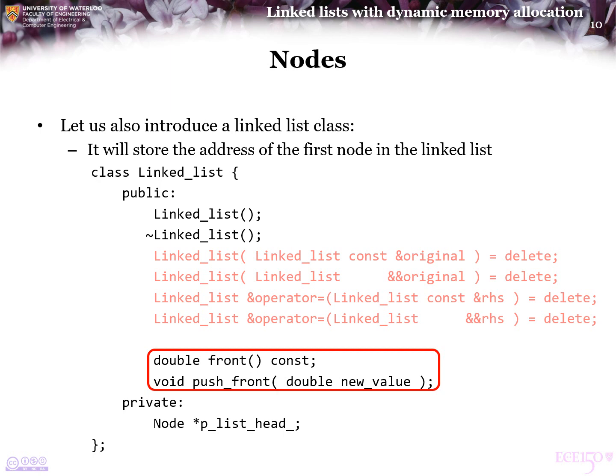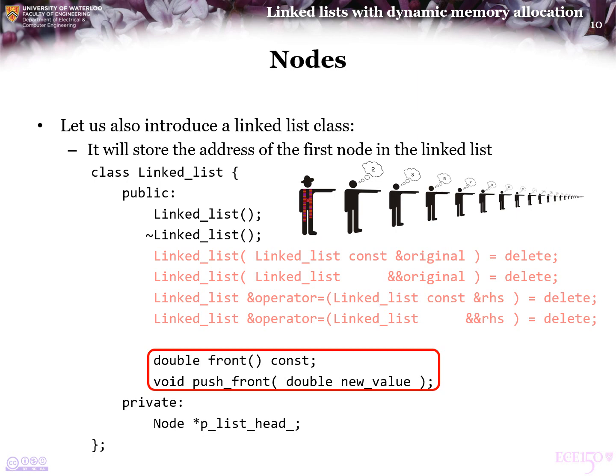Now, in a linked list, we will refer to the first node of the linked list as the front of the linked list, assuming, of course, that there is at least one. So the member function front will return whatever value is stored in that first node.